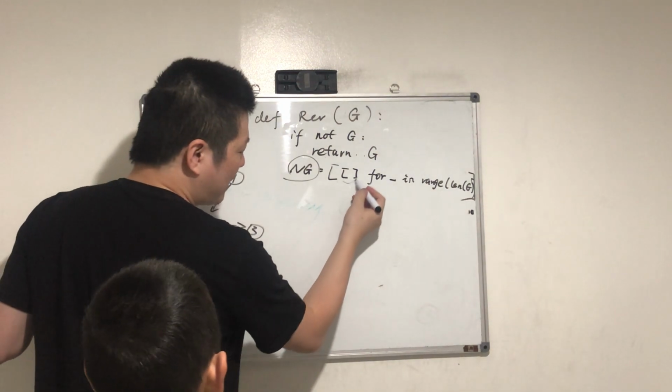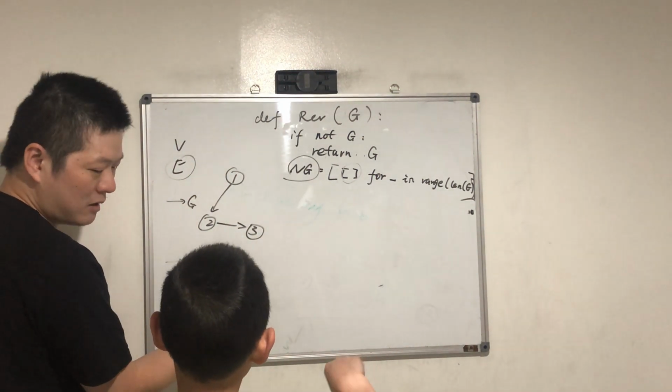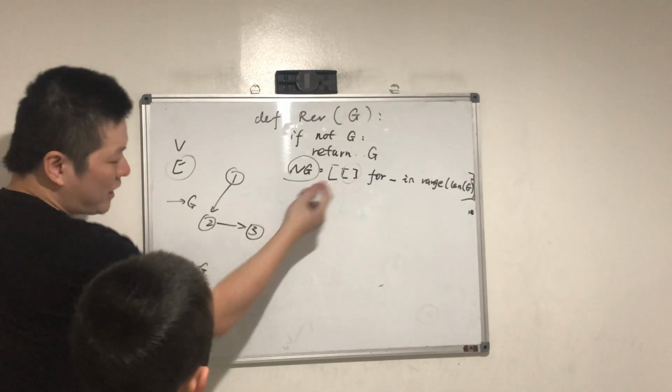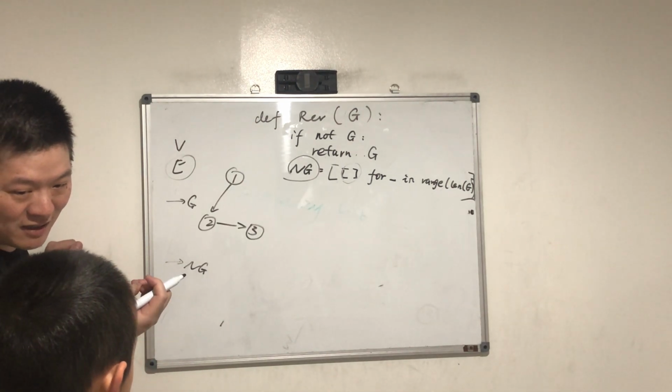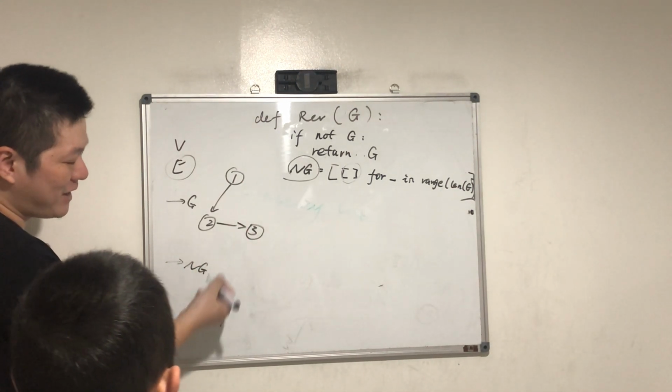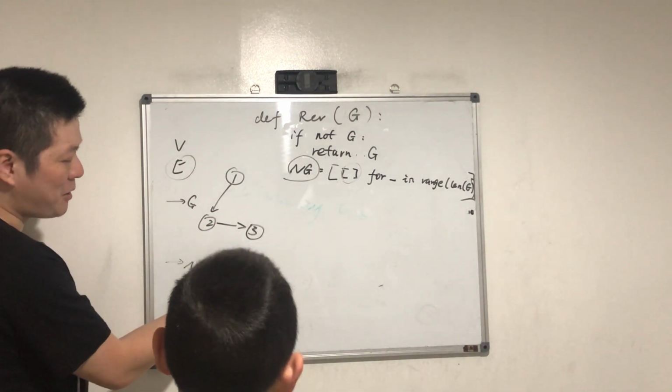Yes, and I'm creating a list for each one. The bracket means that each vertex does not have any edges, right? Can you draw the graph of NG? It's very easy.